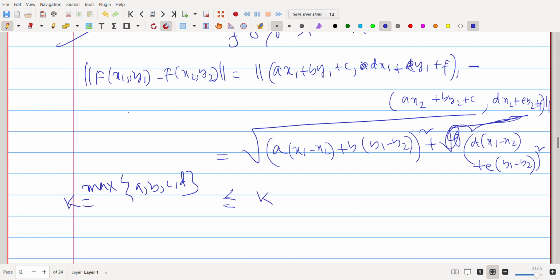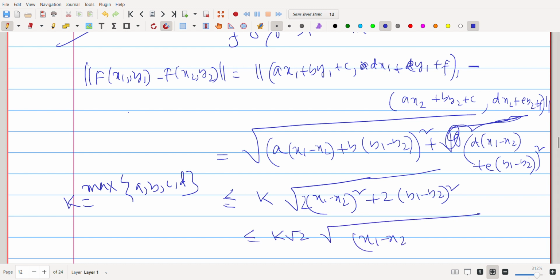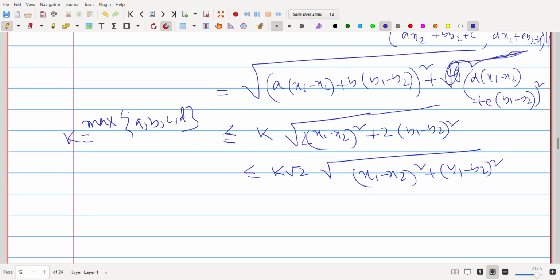That means this is less than or equal to k times root over 2 times (x1 minus x2) square plus 2 times (y1 minus y2) square, which is the same as k root 2 times root over (x1 minus x2) square plus (y1 minus y2) square, and that is the same as k root 2 times the distance between (x1, y1) and (x2, y2).